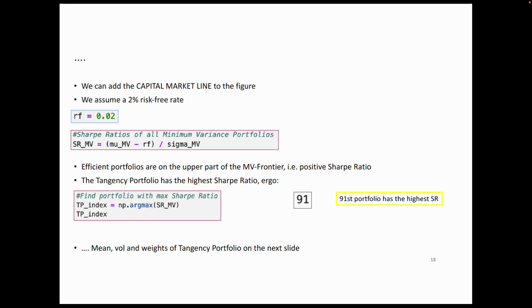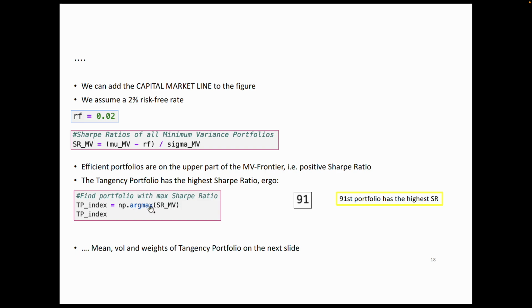What I now have to do, geometrically we discussed, is find the MV portfolio with the maximum Sharpe ratio. So I first put up the comment, what am I trying to do? I want to find the portfolio with the maximum Sharpe ratio. And within NumPy, there is a method called argmax.